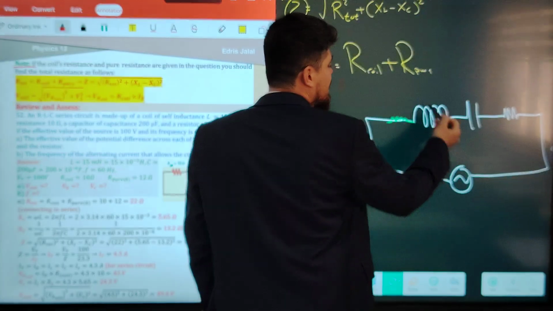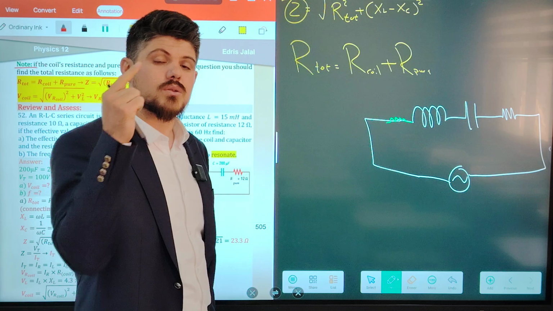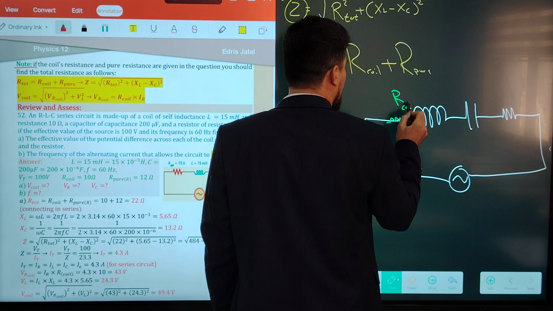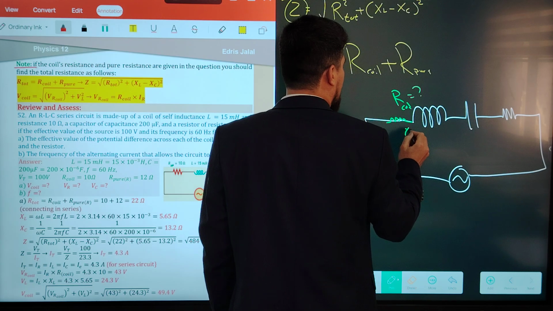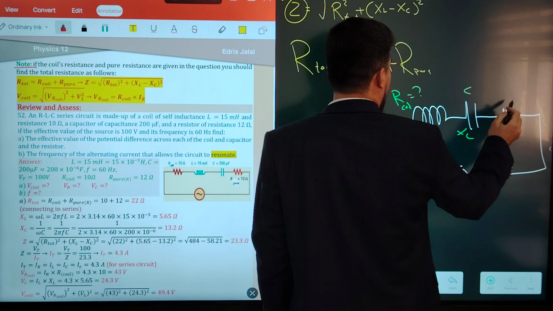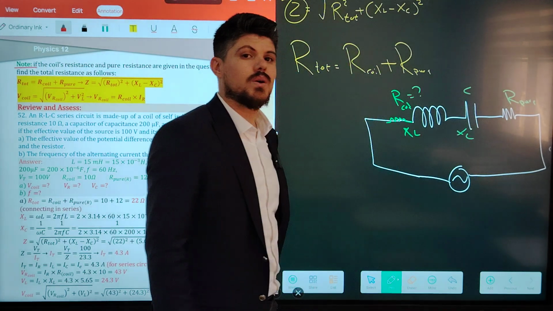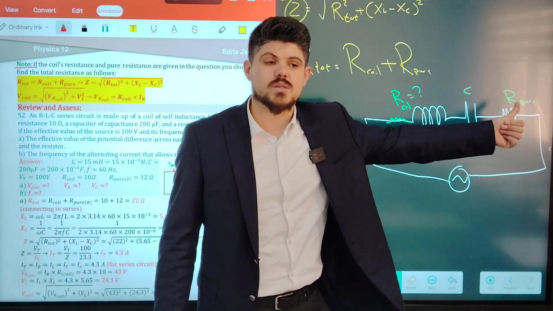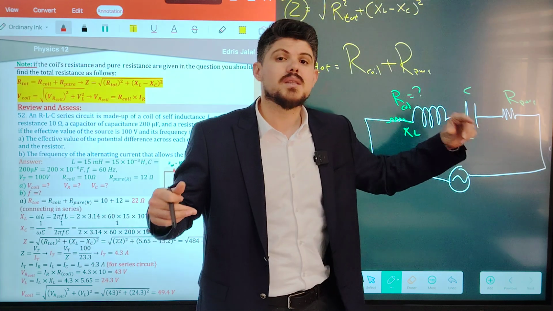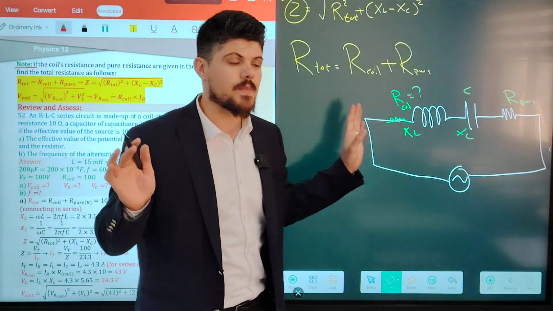Here we have R of coil, and as well we have XL, and we have C, XC, and resistance of what? Pure resistance. This is the resistance of the pure resistor, like a light bulb or any device. But this is the resistance of the coil.